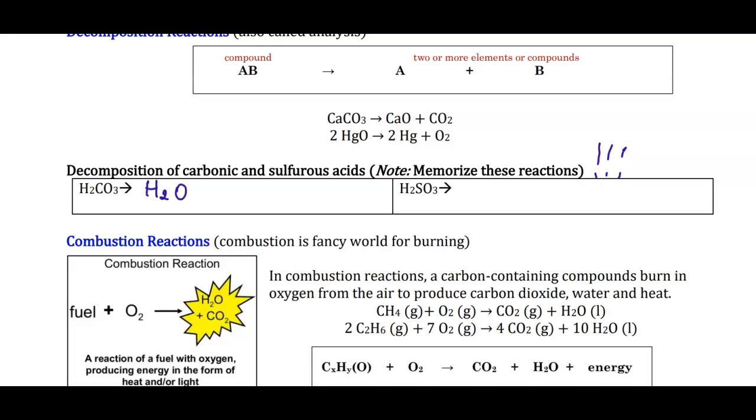This is oxide of hydrogen, right? Or just water. And carbon dioxide. And it is balanced already. And the same way sulfurous acid decomposes. H2O plus SO2, sulfur dioxide.